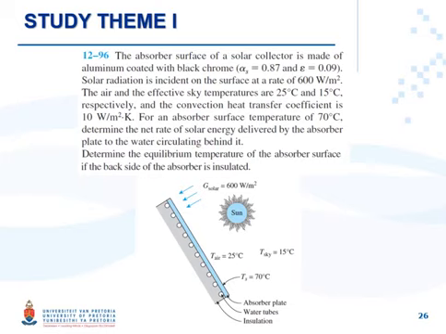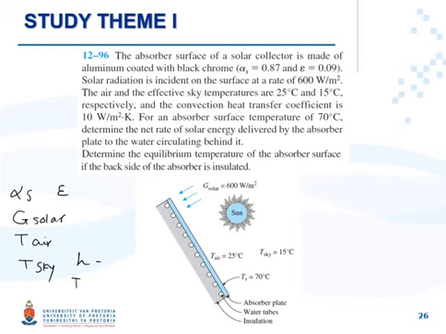Okay, so we have the alpha S, we have epsilon, we have G solar, we have T air, we have T sky, we have H, which is the heat transfer coefficient.